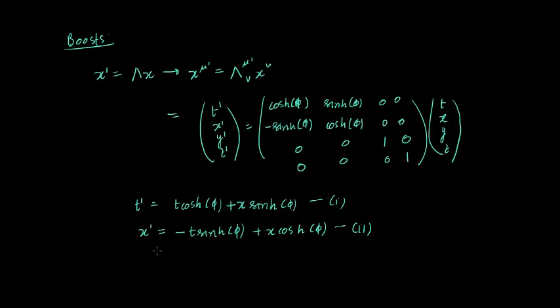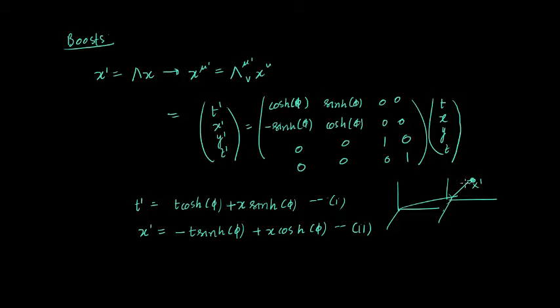And now what we wish to do is find the velocity of the second frame. What kind of function is the velocity of the second frame with respect to our first frame? Is it a constant? Is it something else? So for that, we have to set x prime equal to 0, because x prime, y prime, z prime is measuring something here.